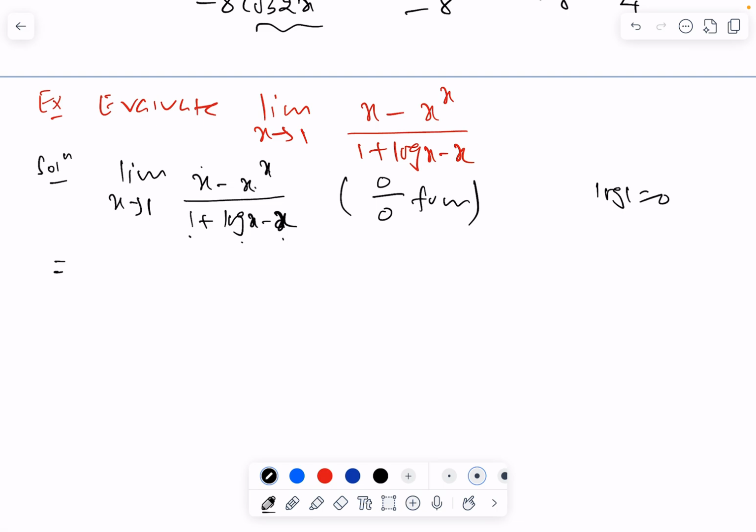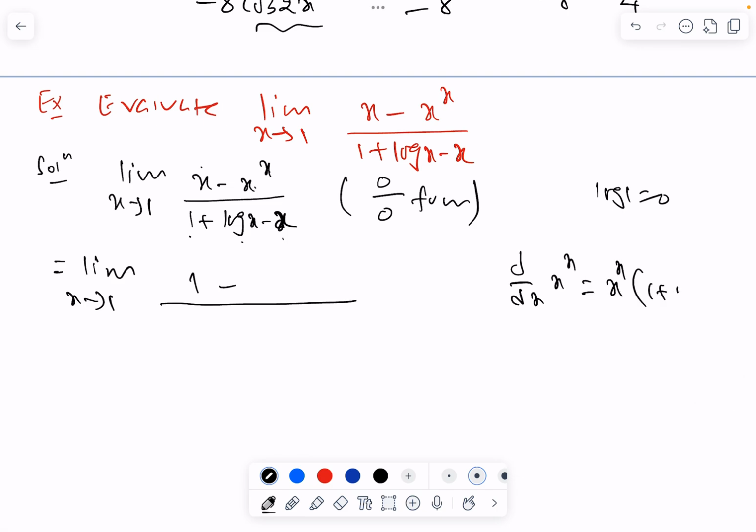So now we have to use the result. So the limit as x tends to 1: derivative of x is 1, minus. Now you know the derivative of x^x is x^x into (1 plus log x). You can use this result. You can try to find out the derivative of x^x, even in 12th standard you did.